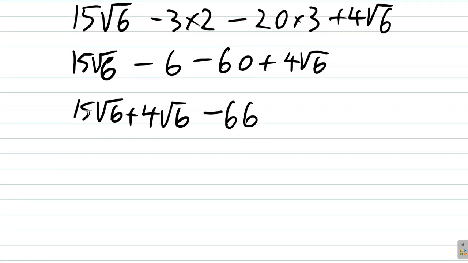So what you have? 15 of the square root of 6 plus 4 of the square root of 6. 15 of anything plus 4 more of those things gives you what? 19 of those things. 15 plus 4 is 19. So it's 19 square root of 6 minus 66.